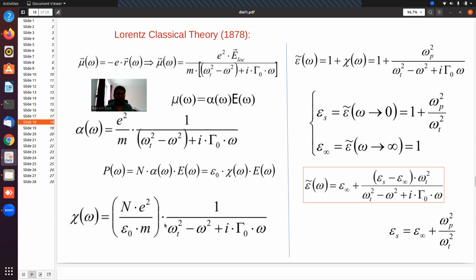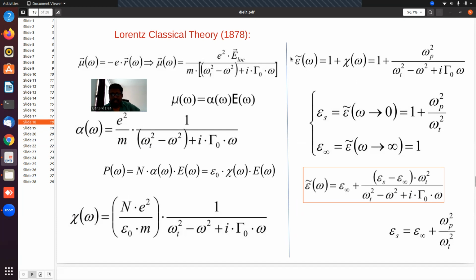Here, N e squared by epsilon naught m is the free response of the free electron, so we can call it omega p, the plasma frequency. I just gave the explanation for this notation, but in a derivation this kind of explanation is not required.